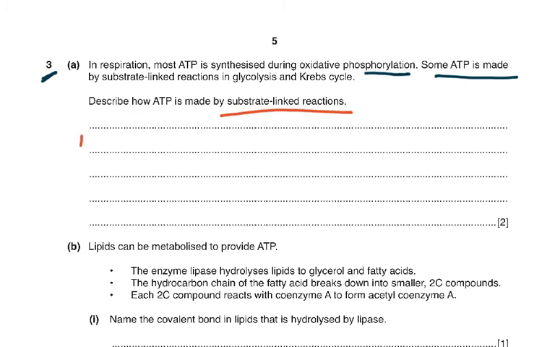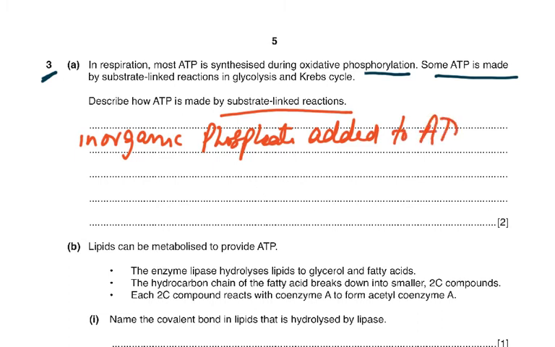So basically what happens in substrate-level phosphorylation is inorganic phosphate is added to ADP. Or you could have said ADP plus Pi.